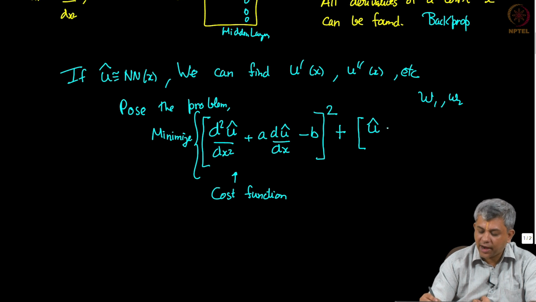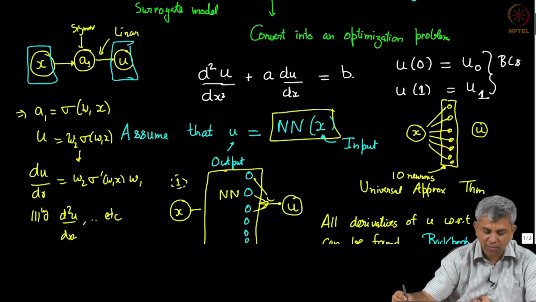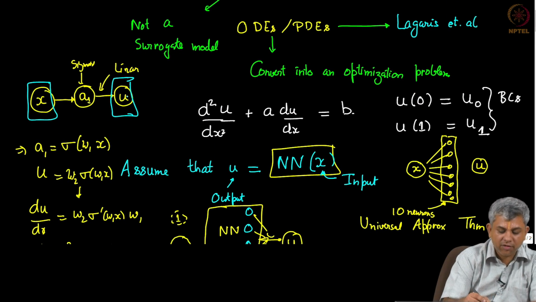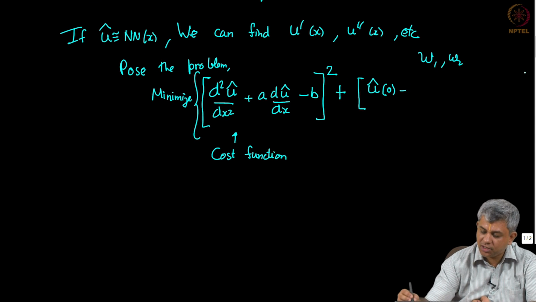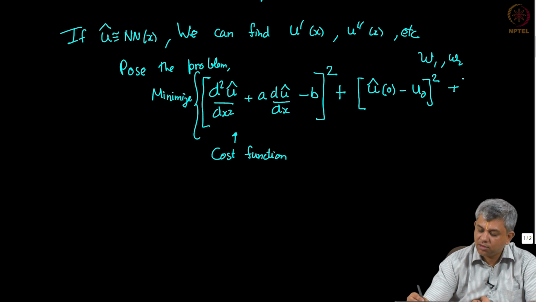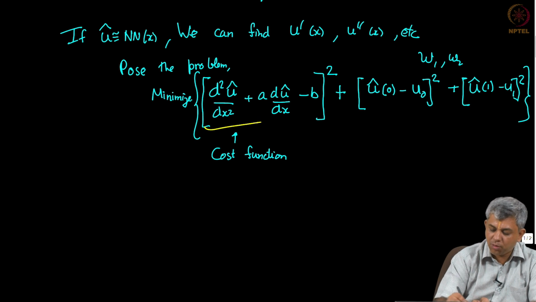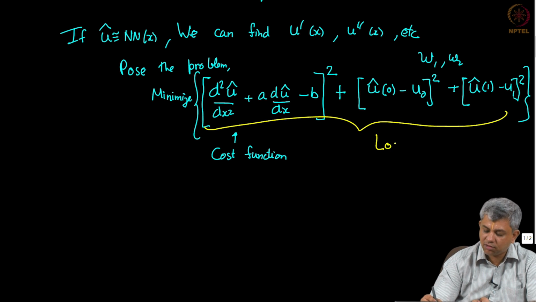You say u hat of 0. Remember, if I give 0 as input in this neural network, it will find out a u hat, okay, minus u 0, which is supposed to be the exact solution, plus u hat 1 minus u 1 square. So, this total thing all put together is our loss function.